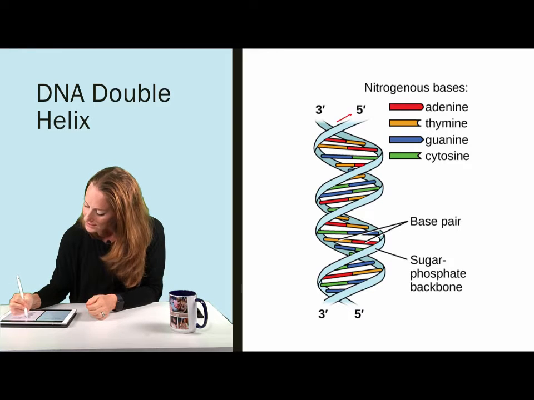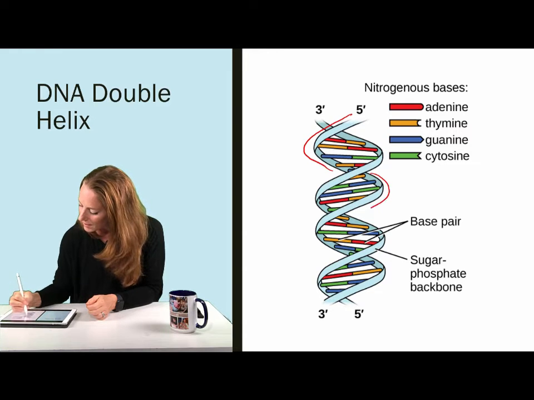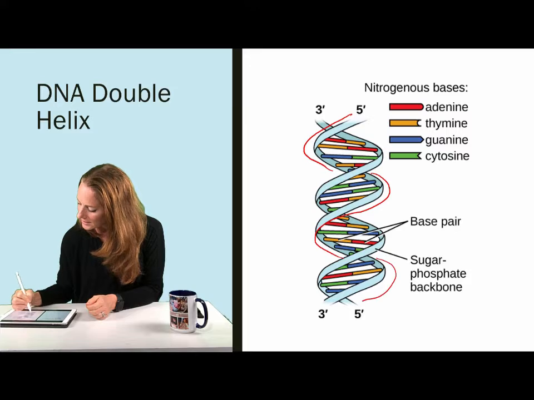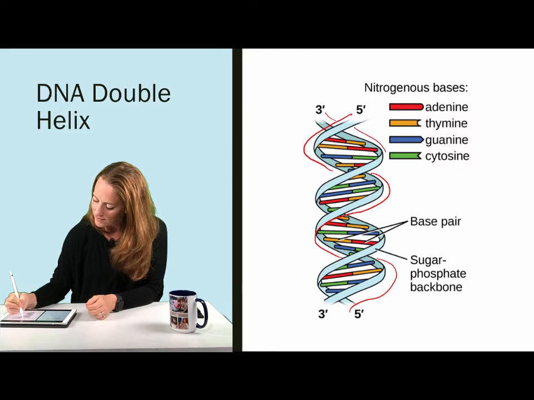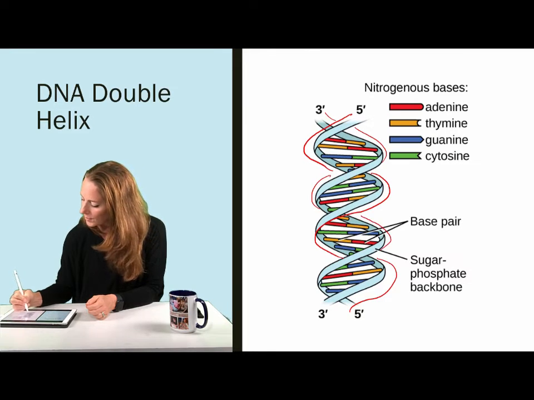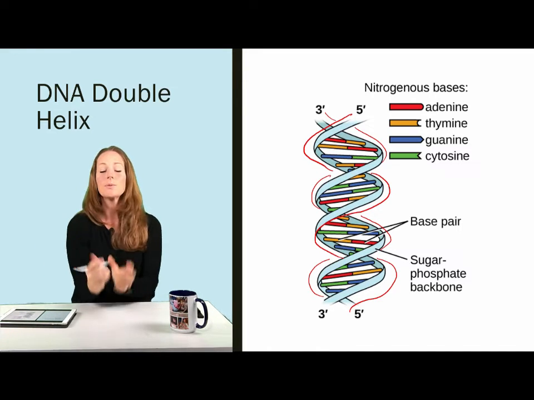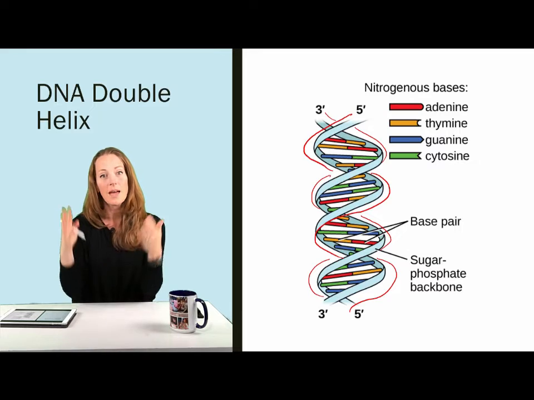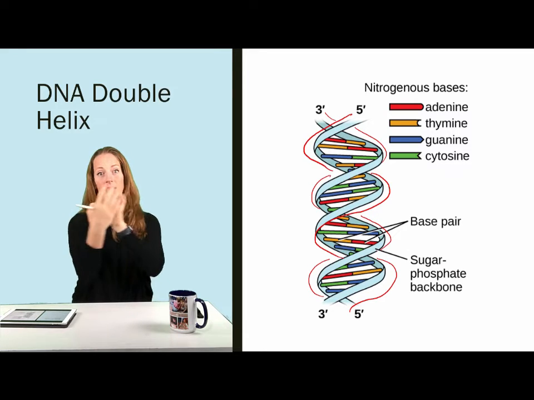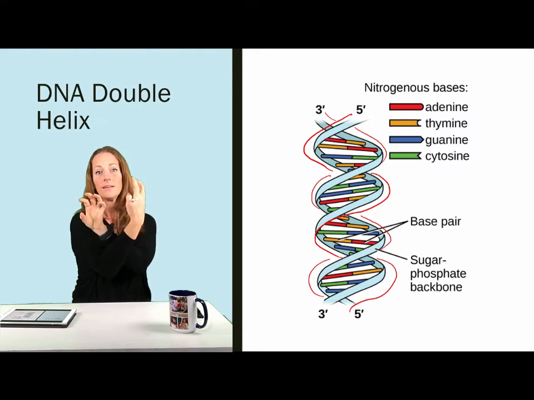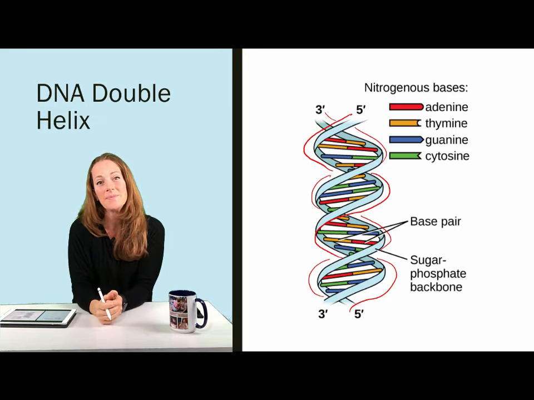So here you can see that as the sugar phosphate backbone wraps around on either side, it forms a double helix. A helix is a twist, a double twisted shape. So we have 2 strands of DNA that twist to form double twists or a double helix.